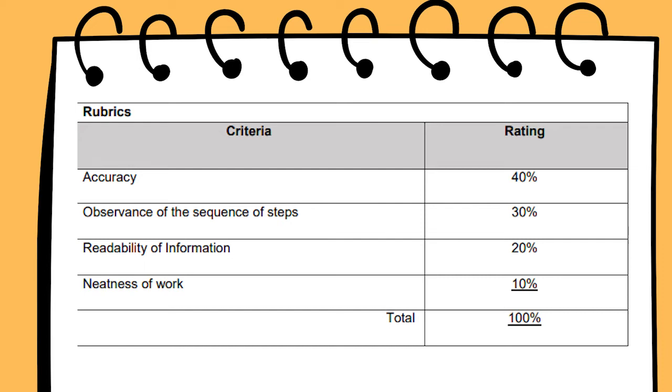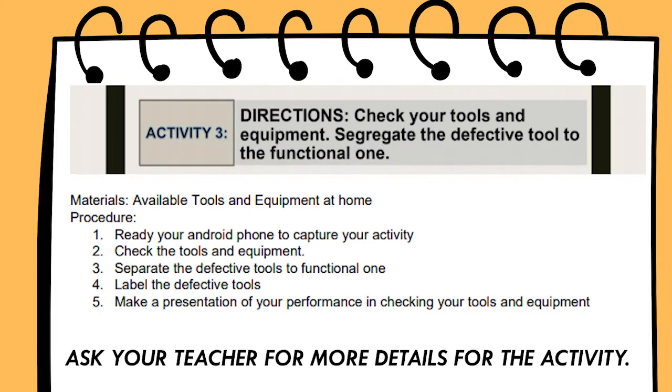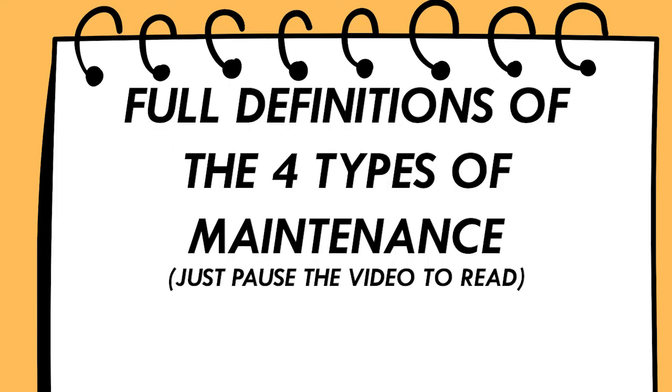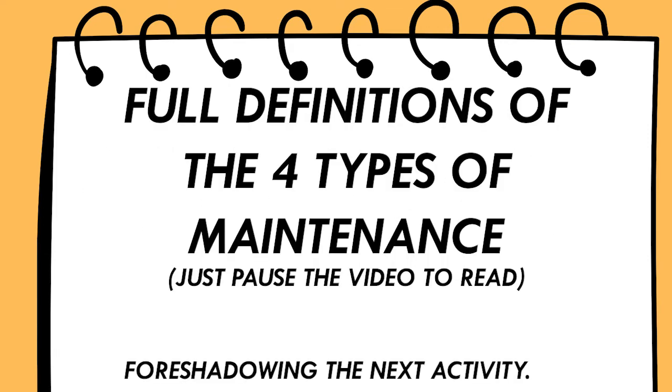Here's the criteria. If you have any more questions, you can just ask your teacher about it. Oh, I forgot. Here are the definitions of the 4 types of maintenance.